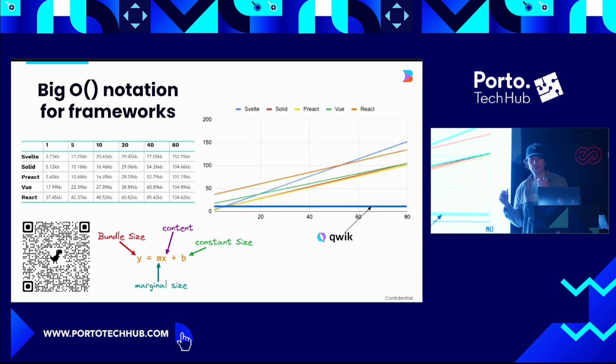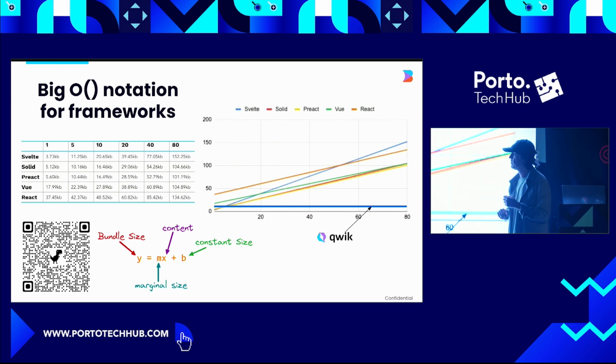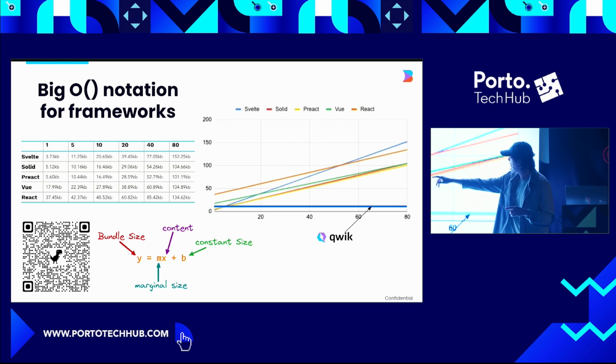So at Builder, we use this tool, or this idea really, to look at different frameworks. I don't know if you can see the numbers, but basically the table you see there shows that we built different applications from one component to 280, used different frameworks, and then measured how much JavaScript was delivered. There are very interesting things. All of them follow this linear trend with almost the same slope.